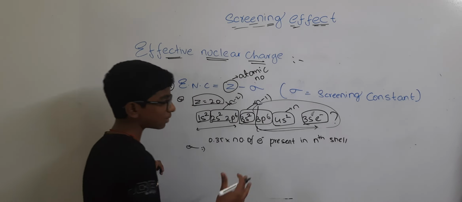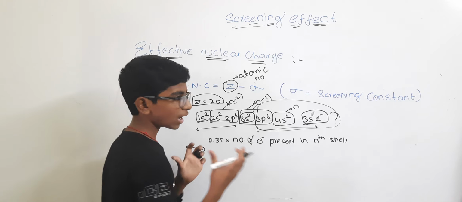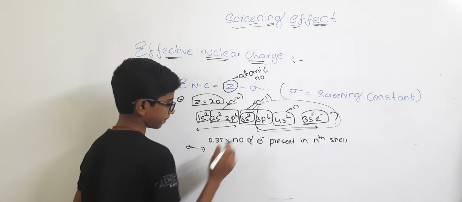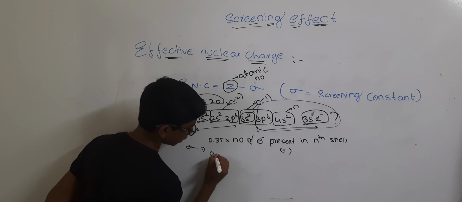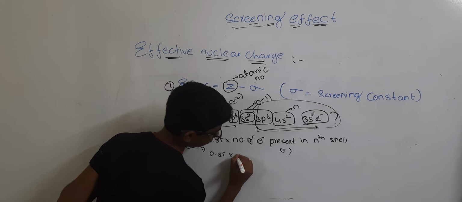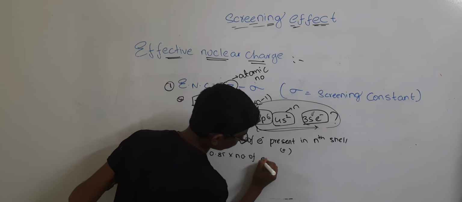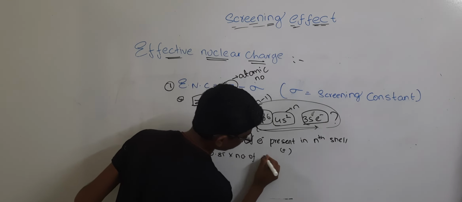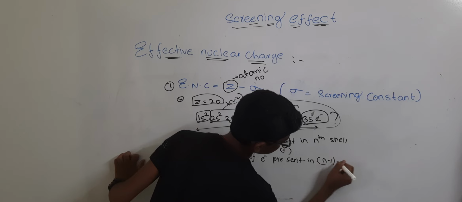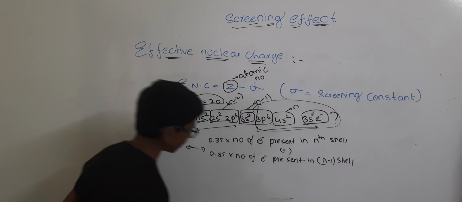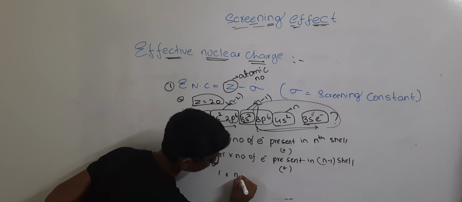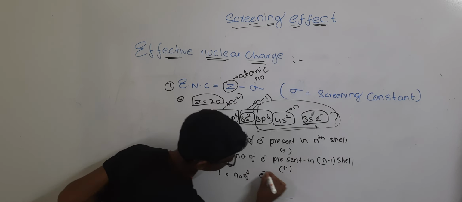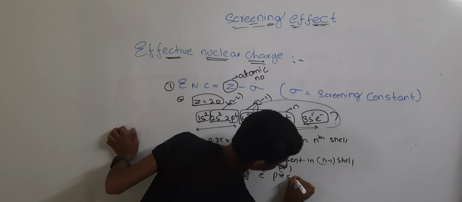That means the nth shell, not the valence shell, but the shell of the electron which you are finding. Plus 0.85 into the number of electrons present in the n minus 1 shell, plus 1 into the number of electrons present in the remaining shells.